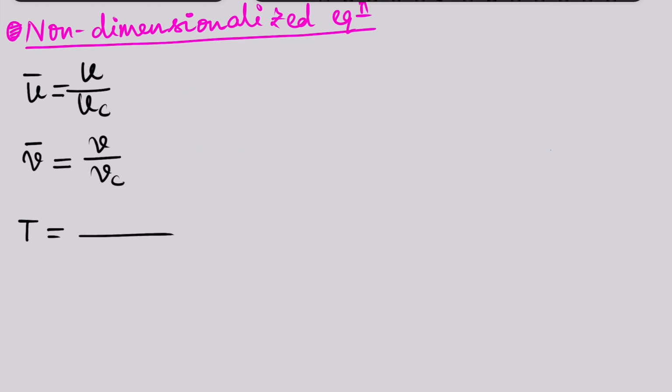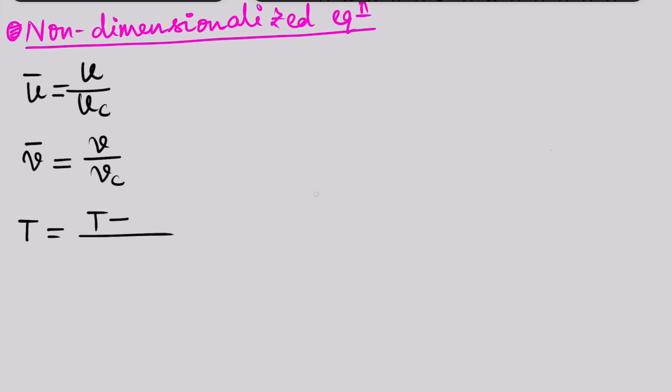So first of all, let me define what we already have. How can I define this T? While defining, T has to be of the order of 1. So for that, what can I do? And another thing is I should define this T in such a way that the boundary conditions are much simpler.